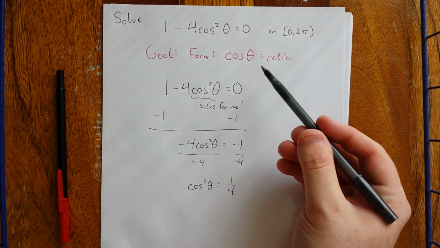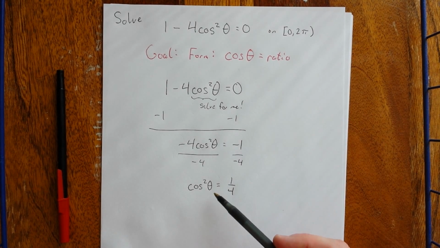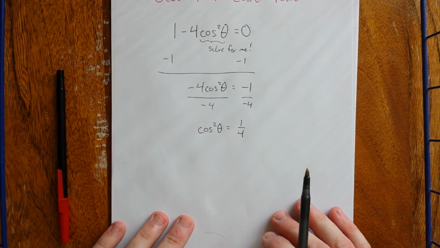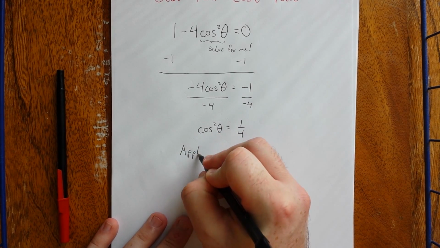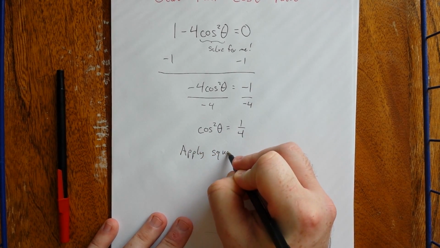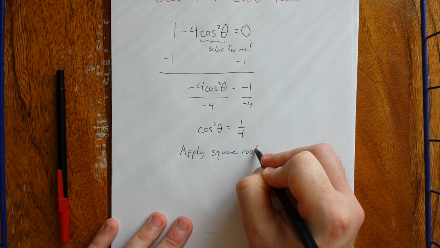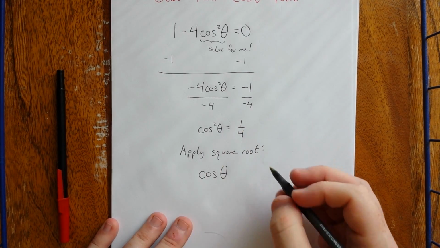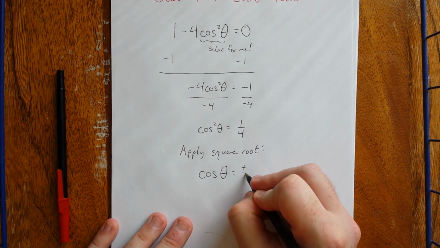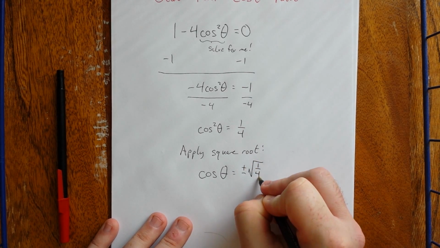We're trying to get this down to cosine of theta is equal to something, so we need to get rid of that second power. To get rid of that second power, we can take a square root of both sides. When we apply a square root to both sides, it's going to cancel out the square on the left-hand side, and we'll get plus or minus the square root of 1/4.